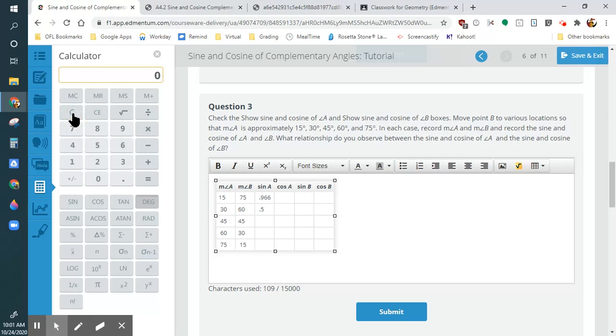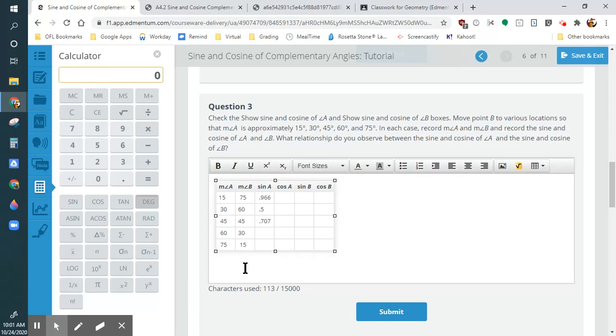Clear this out. Then we're going to do 45 of sine. We get 0.707. This is why, if you remember from the last video, I put 0.71 because I knew it was going to be 0.707. It's just something learned when you learn about unit circles in Algebra 2.